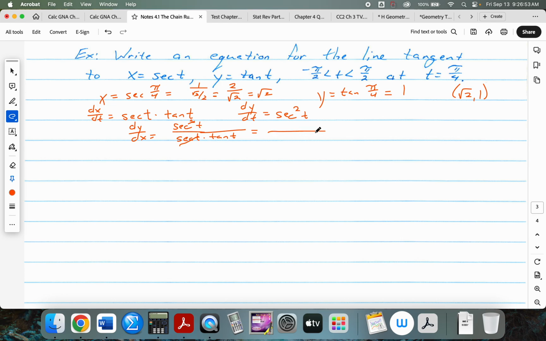So there's going to be a cosine of t in the denominator. Tangent is sine over cosine, but it's in the bottom. So that's going to be a cosine on top and a sine on bottom. Well, that's pretty convenient. It's going to be 1 over sine of t, which, well, I'll just leave it like that because I want to evaluate it, right?